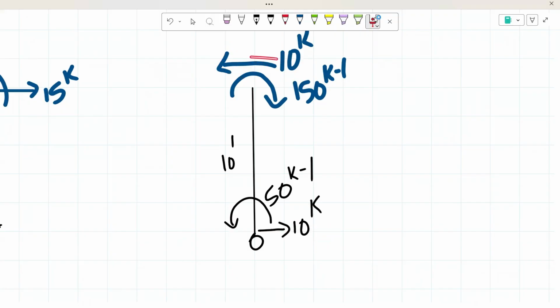That means these two forces are creating a couple, and as you can see, this couple is creating a counterclockwise moment. Remember that the moment is equal to the force times the distance. So we have 10 kips times the 10 feet. That means we have a moment of 100 kip feet right here going counterclockwise, like we said.